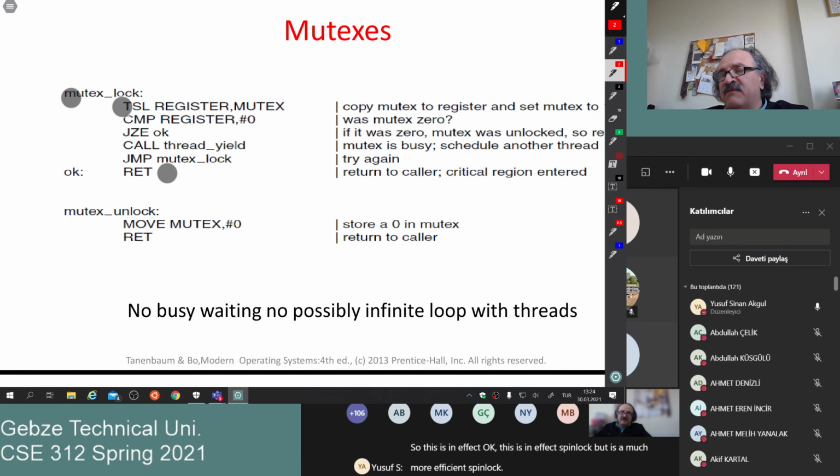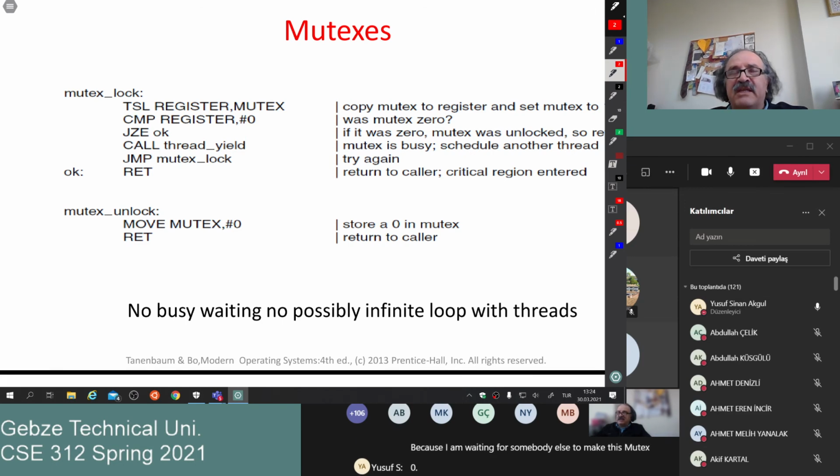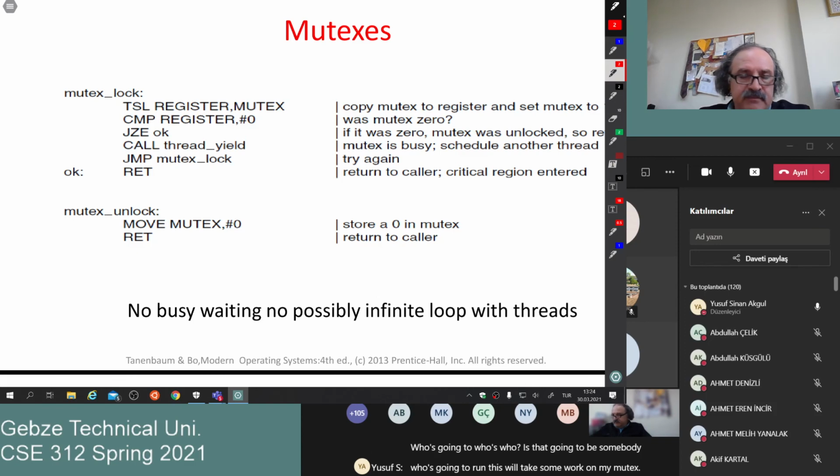It says that if nobody else has anything to do, I can spin this lock, no problem, but I am going to yield the CPU because I am waiting for somebody else to make this mutex 0. Who is that going to be? Somebody who's going to run mutex unlock on my mutex. Okay, good. Any questions?